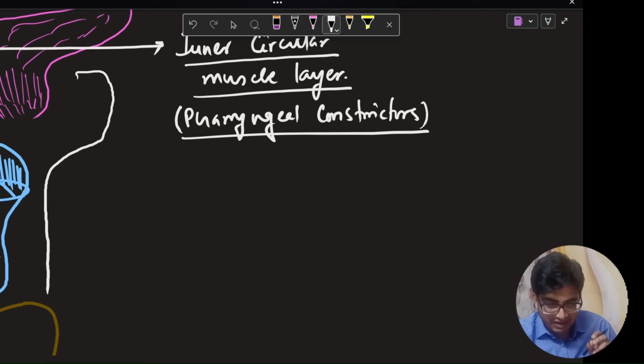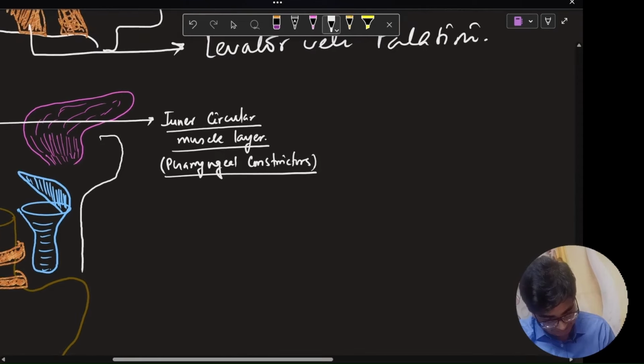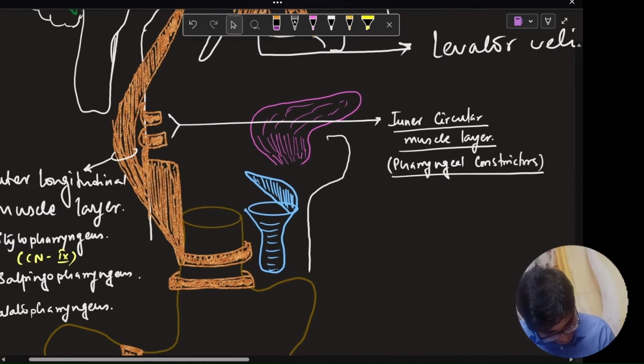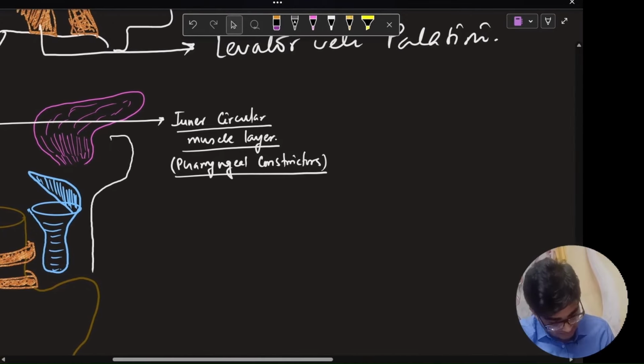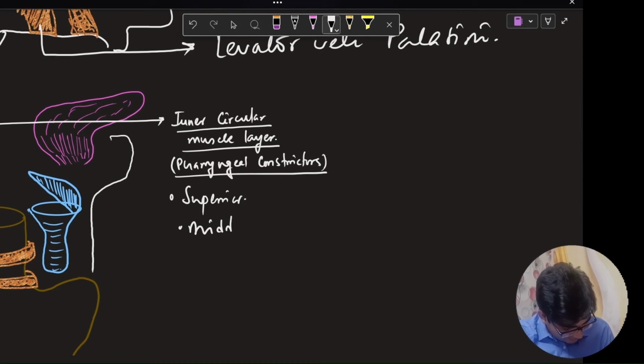And there are three constrictors over here: the superior constrictor, middle constrictor, and the inferior constrictor muscle.